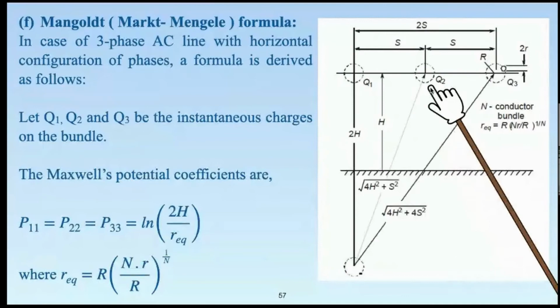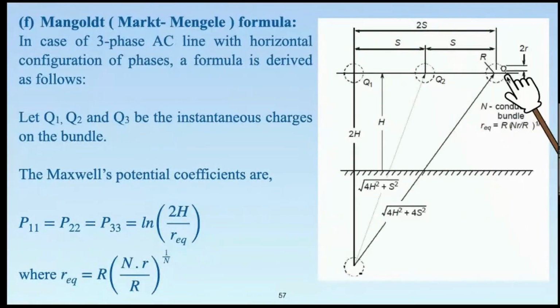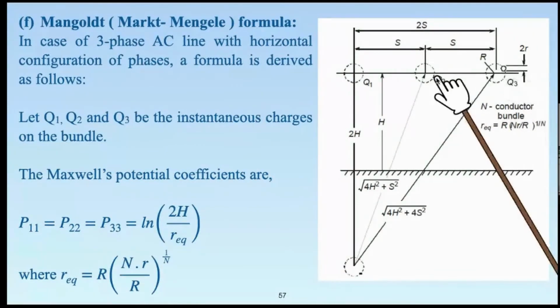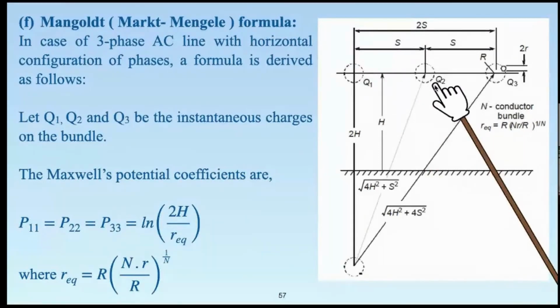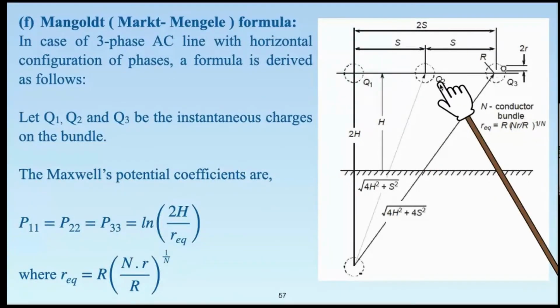So we want to find out where the electric stress is maximum, whether it is on the outer phases or on the inner phase. The inner phase may also be called the central phase, because it is central to the two conductors. So we are going to calculate that and try to realize.